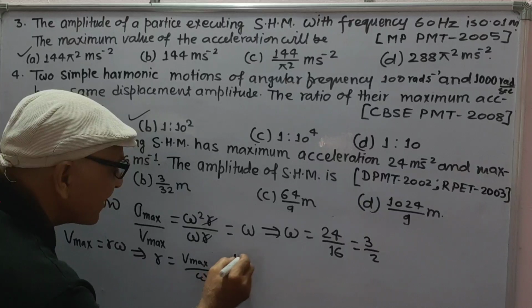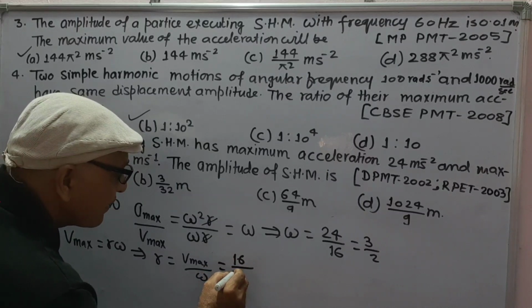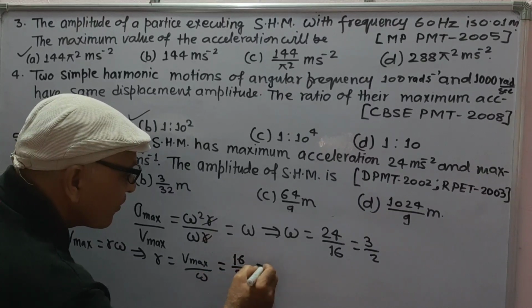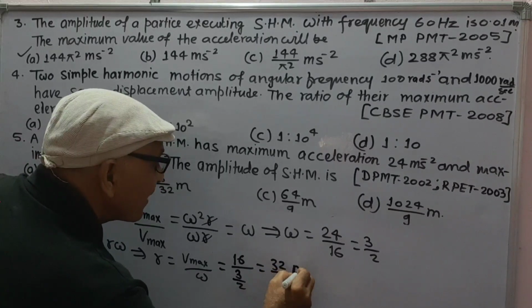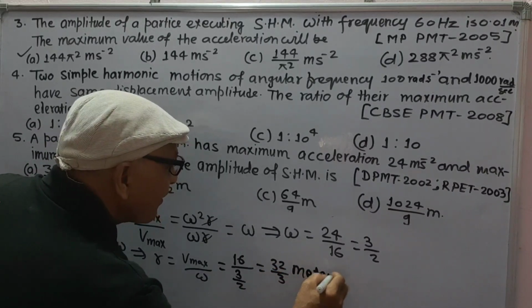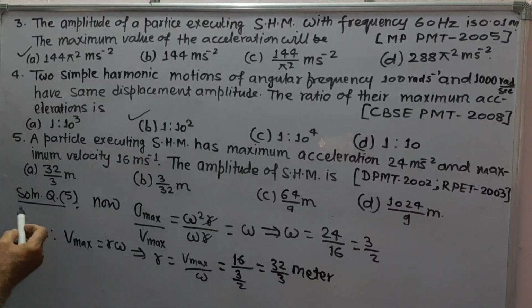V max is 16 and omega is 3 by 2. So we get 32 upon 3 meter. So the correct option is A.